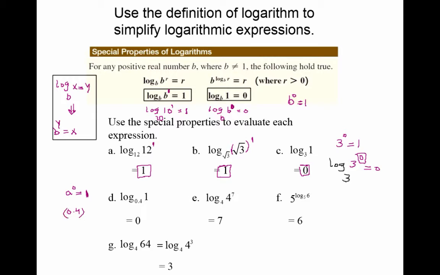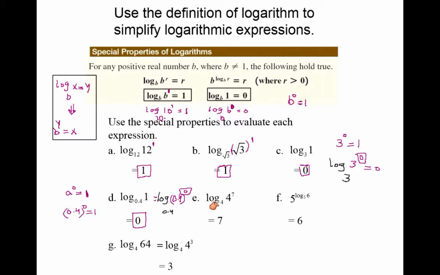So 0.4 to the power of 0 also is equal to 1. So if I write 1 as 0.4 to the power of 0, this is really log with base 0.4, and I'm going to replace 1 with 0.4 to the power of 0. So you see the whole thing must be equal to 0 then.